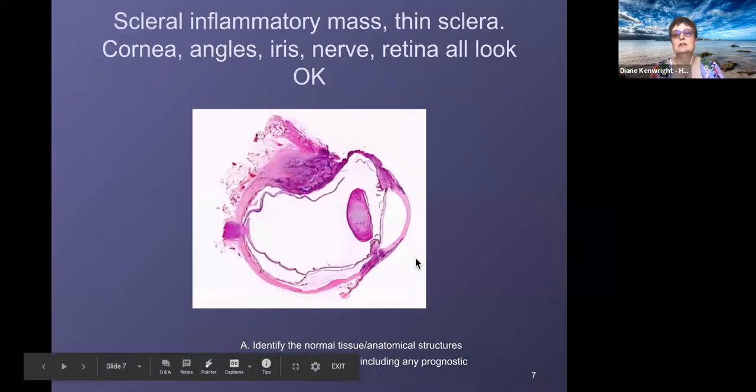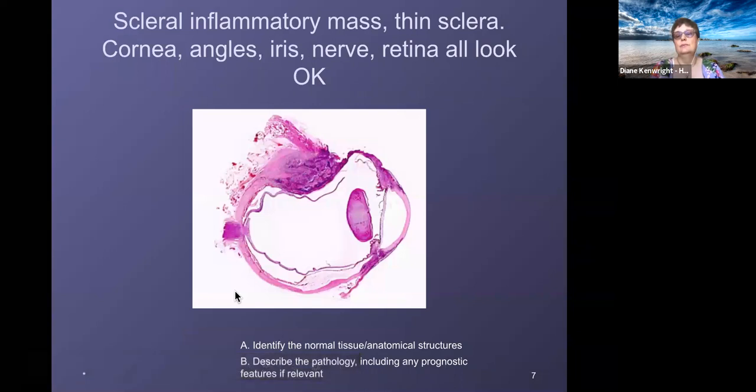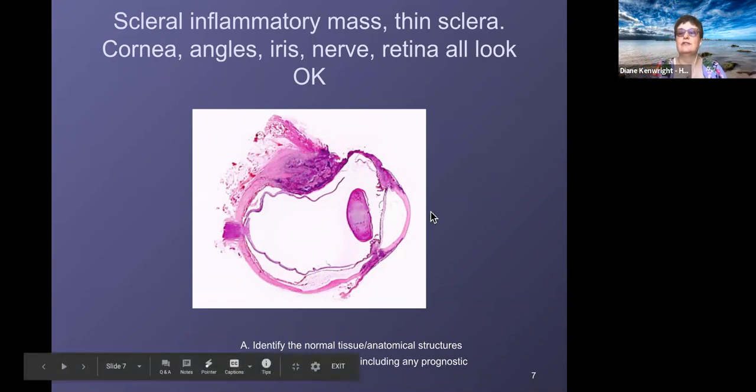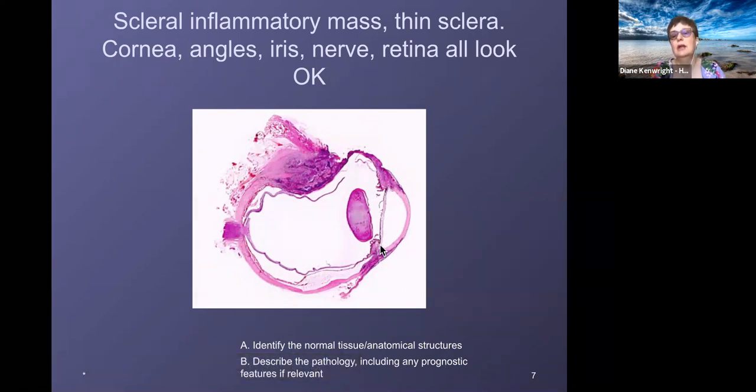Okay, so this is another globe. What do we see? So is there a tumor here? No, there's not. So let's have a look at this starting from the front to the back. What we've got is the cornea. The angles appear open. The iris, it's not a transpupillary section. It doesn't appear to be very flat. It's a bit wiggly.